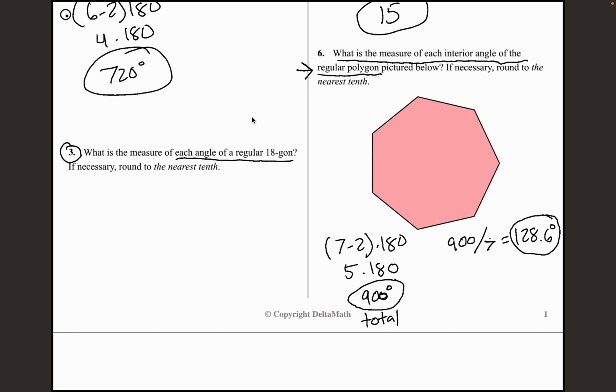I know, but you need to show me how you got it. I know, but you still got to show it. You got to get in the habit of it, because if you don't show any work next year, you ain't getting any points.